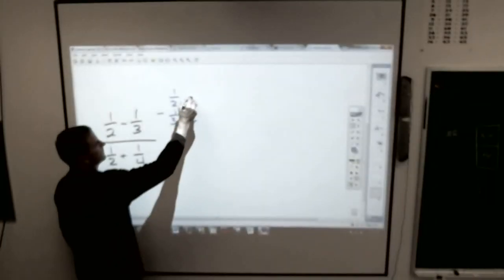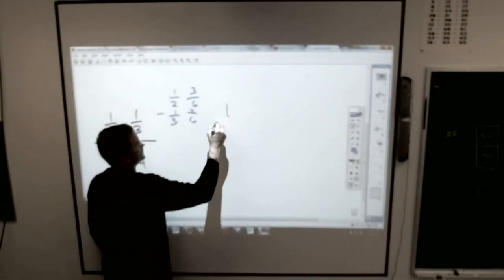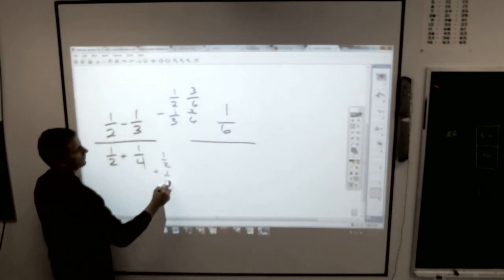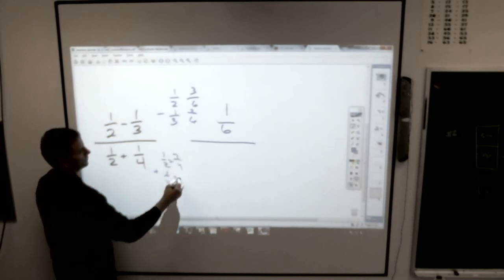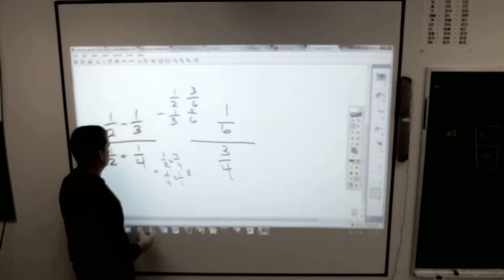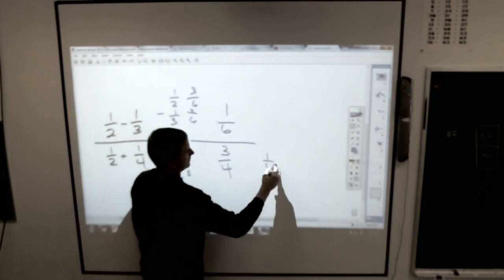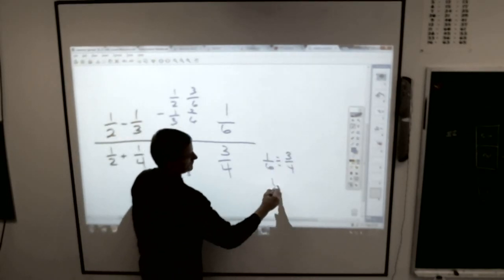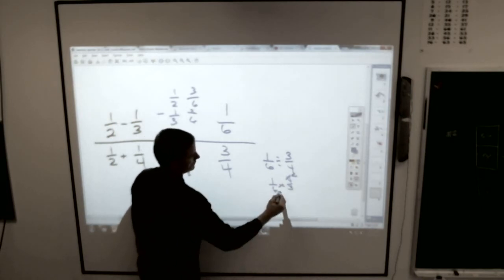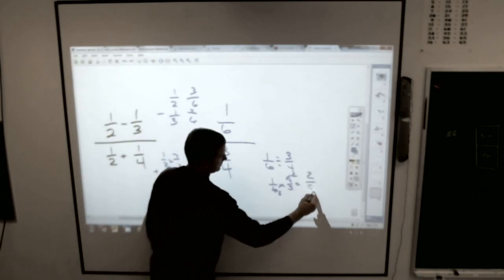Let's look. As quickly as I can. 1/2 minus 1/3, 6, 6, 3, 2. You get 1/6 on top. 1/2 plus 1/4, 4, 2, 1/4, 3/4. Yeah. 1/6 divided by 3/4, which is 1/6 times 4/3. 2 ninths.